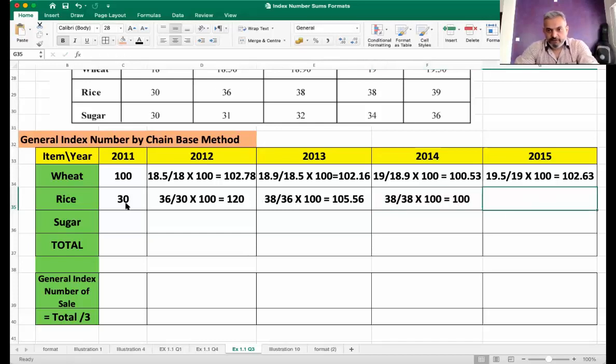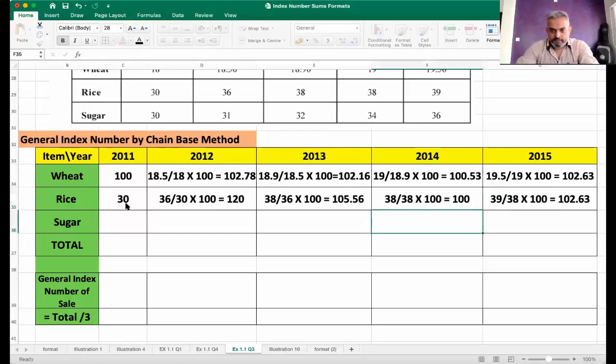You don't need a calculator for it. And then 39 divided by 38 into 100, which is equal to 102.63. Sugar, again 30, rice index will be 100 and sugar 100.